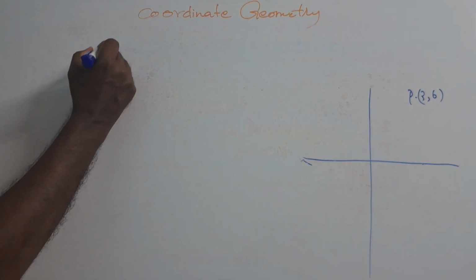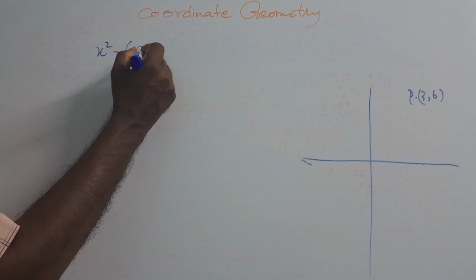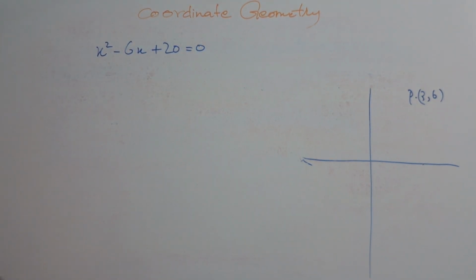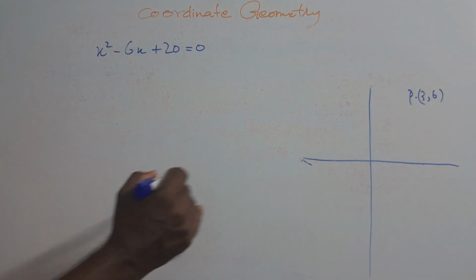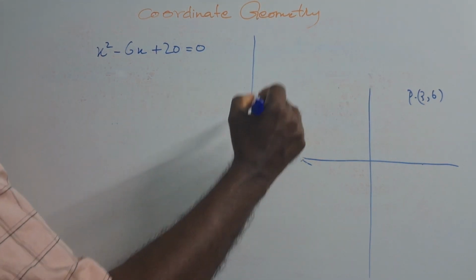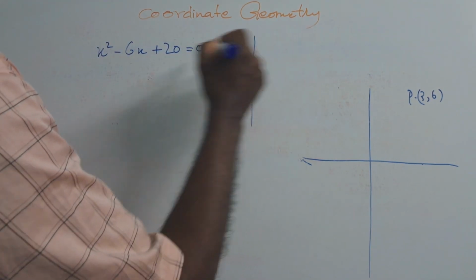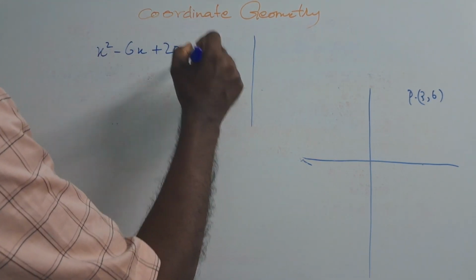We have x square minus 6x plus 20 is equal to 0. Let's find the value of b square minus 4ac. For our convenience, let's note down a, b and c.